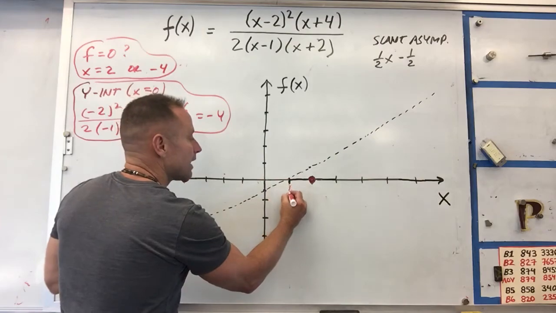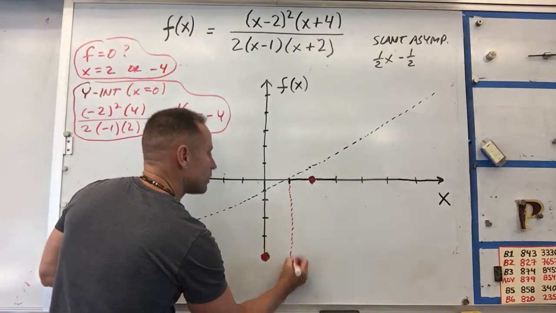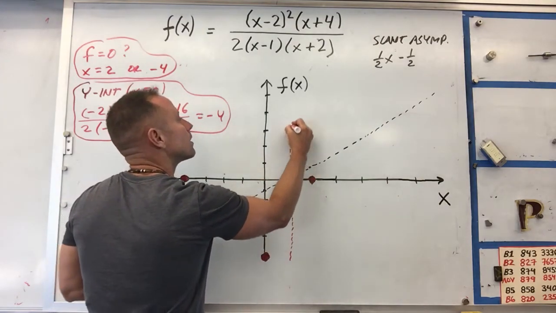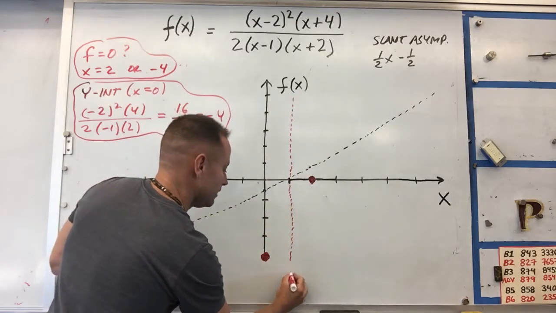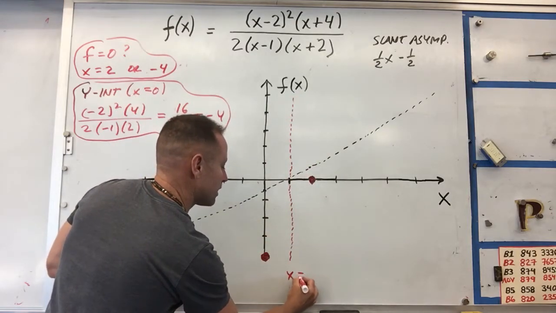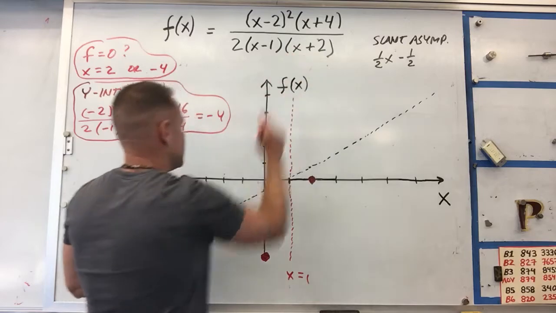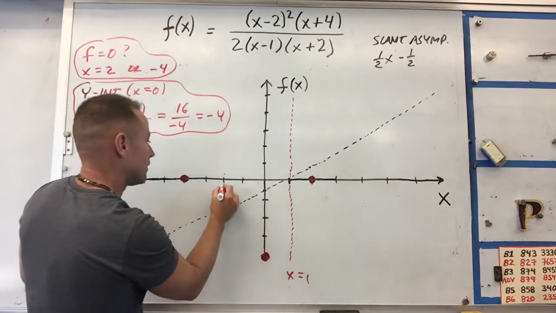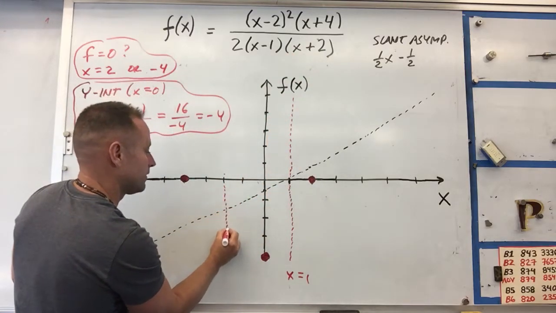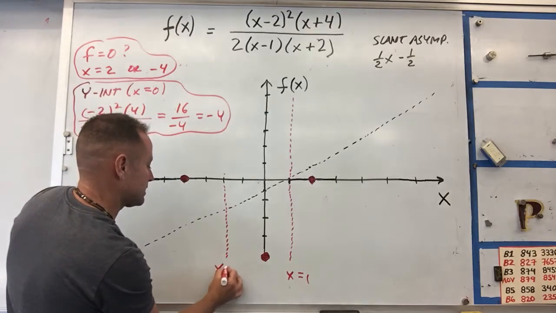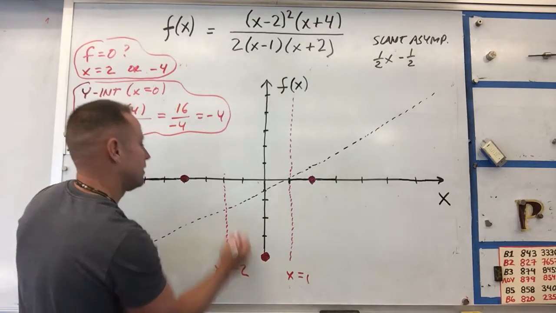So we can put that guy in there. That's one of our vertical asymptotes, x equals 1. And then our other one is when x equals negative 2. So let's put that one in there too. That's x equals minus 2.